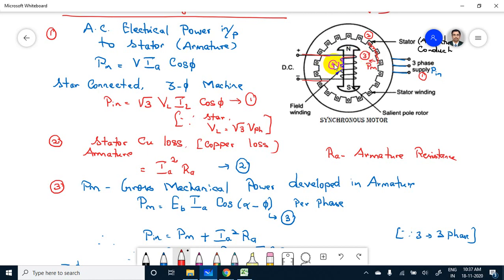Fourth stage will be the losses produced in rotor, that is nothing but iron, friction and excitation losses. The fifth stage will be the net mechanical power developed in the shaft. This is fifth stage in the shaft.